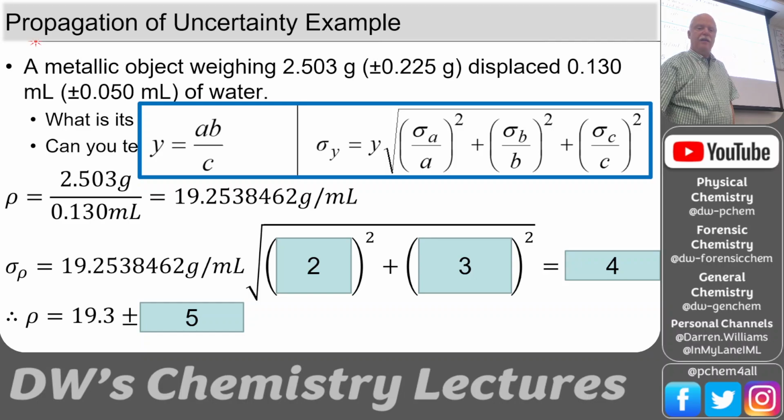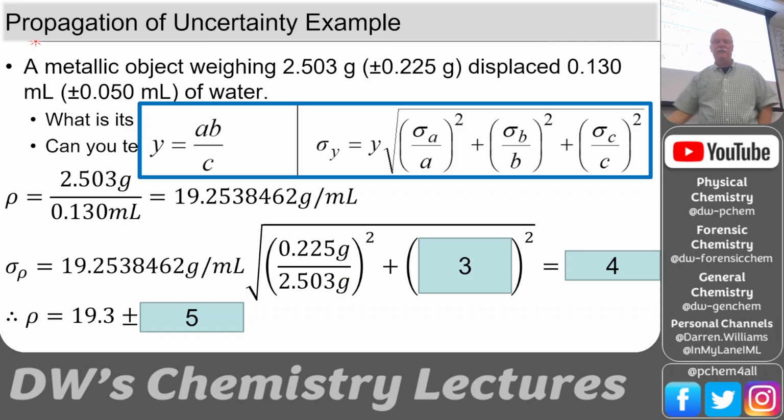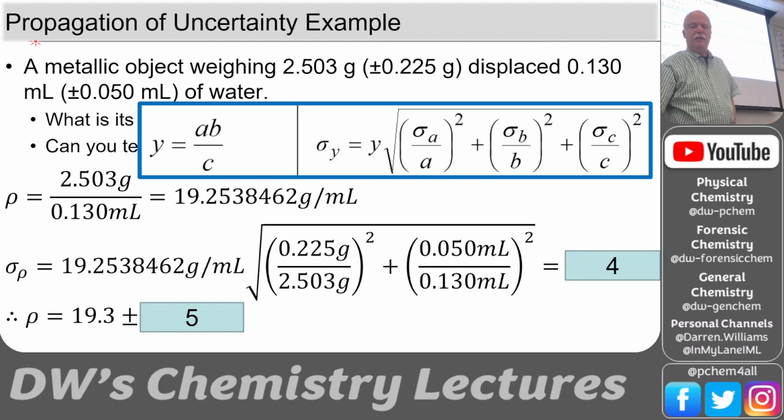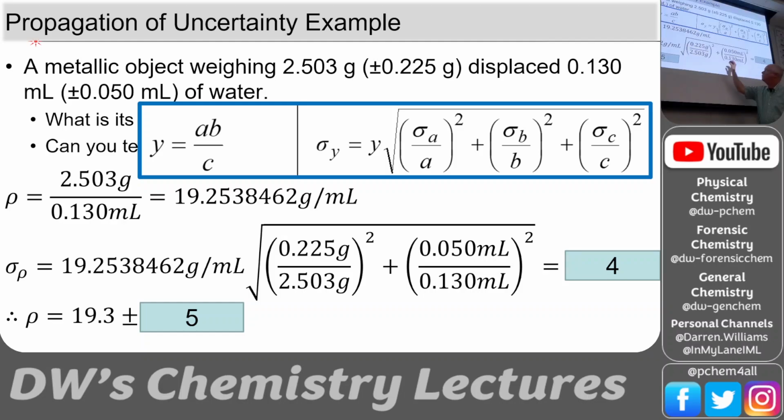The next one is the uncertainty over the value. This is the relative standard deviation: the standard deviation of that measurement divided by the measurement. So that's our RSD for the 2.503, and the next one is the RSD for the 0.130, which is 0.5 over 1.130. This is now going to calculate the uncertainty in our density measurement.